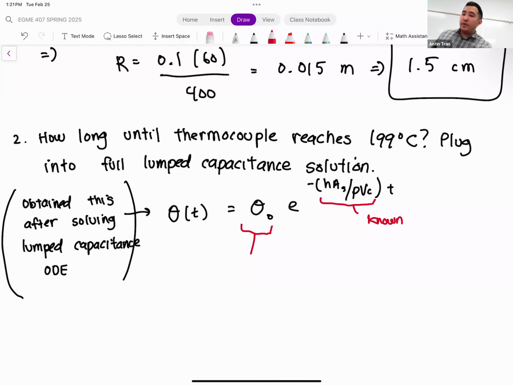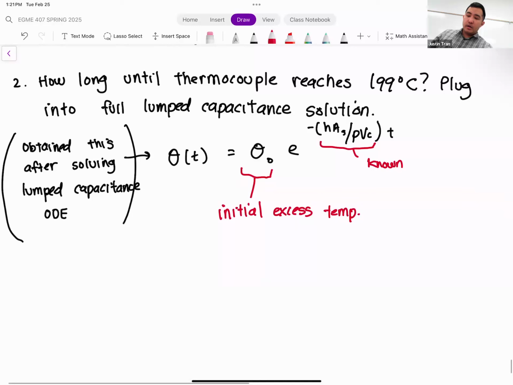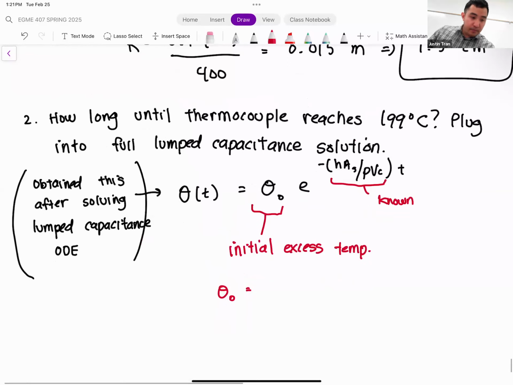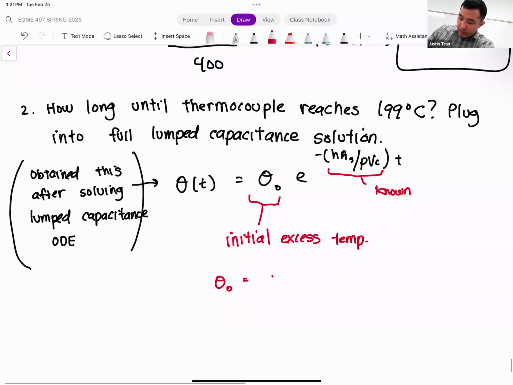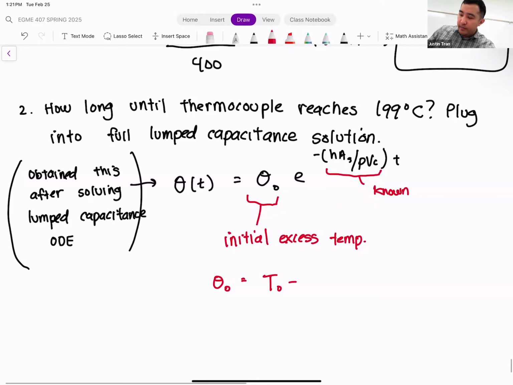We may have to compute this a bit first, because remember, this is the initial excess temperature. Our formula for the initial excess temperature is the difference in temperature between the object and the surrounding fluid. So this is T naught minus T infinity.